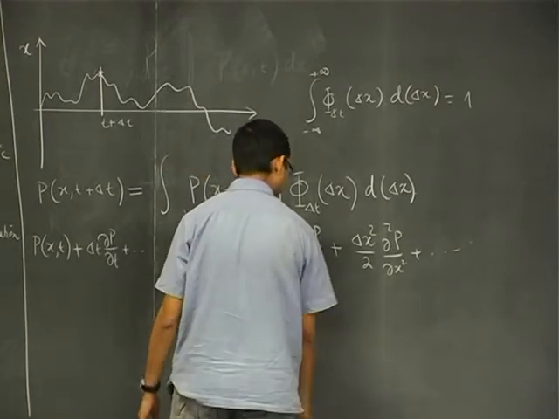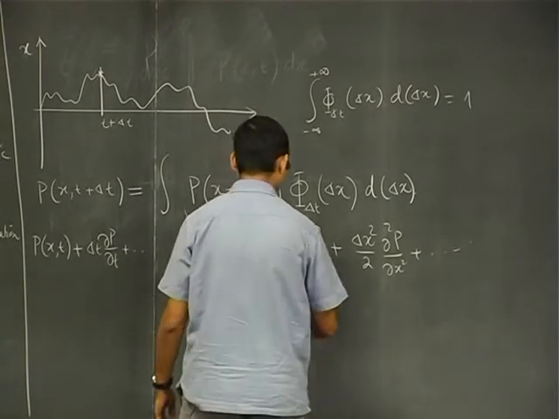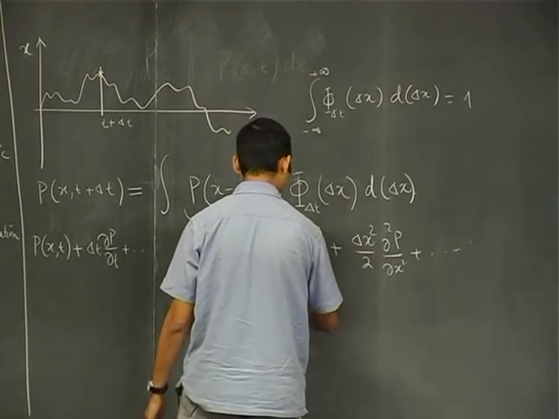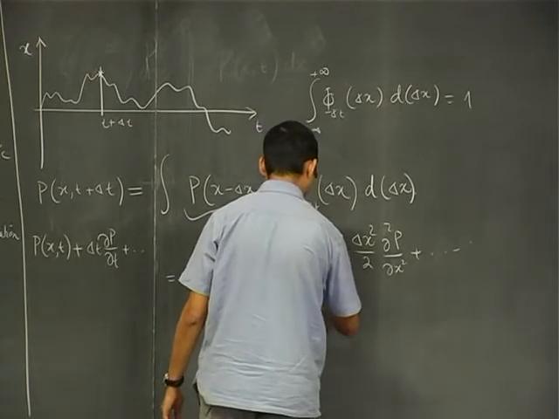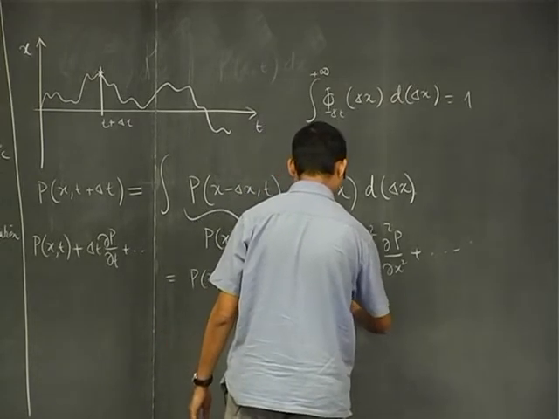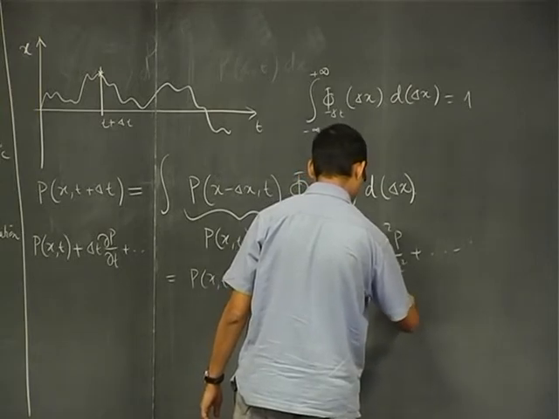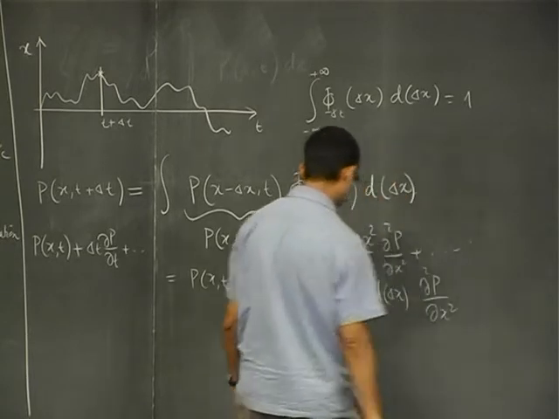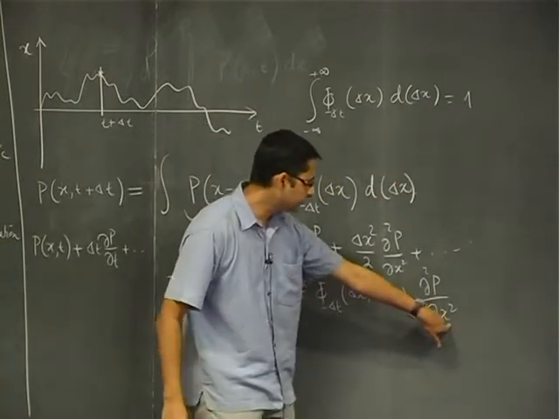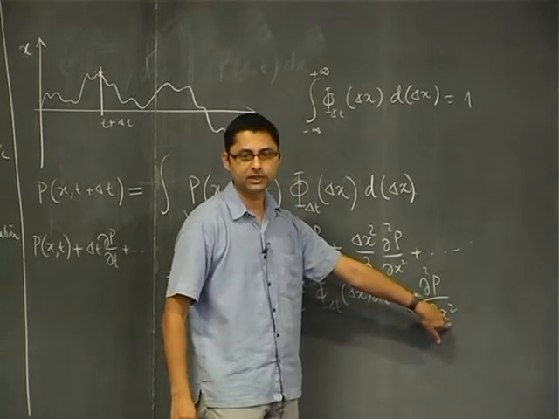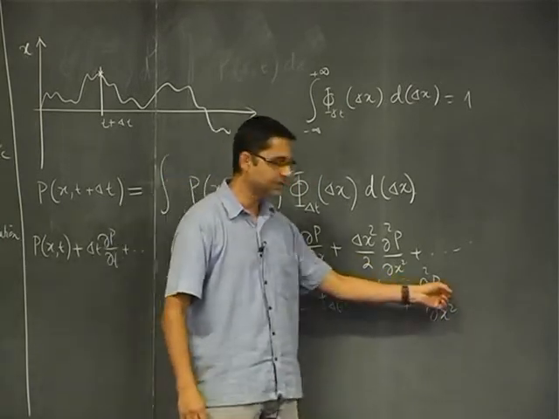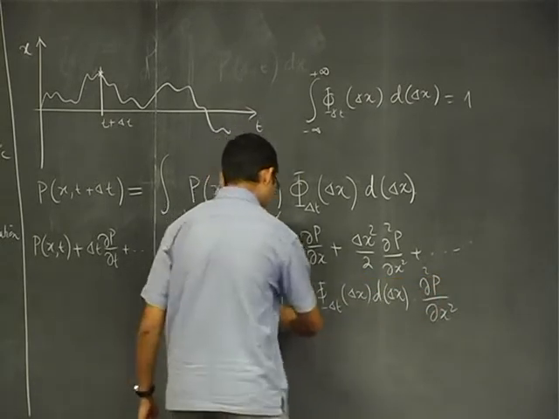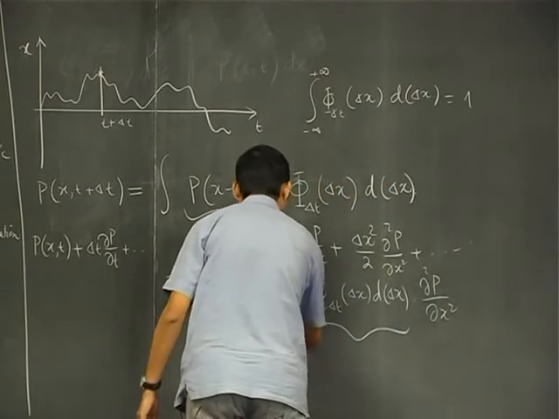The third term is the integral of delta x square by 2 phi of delta t, delta x d delta x times del square P del x square. See that this is independent of delta x, so delta x is only here. P is a function now of x, not delta x. So I have only this term.